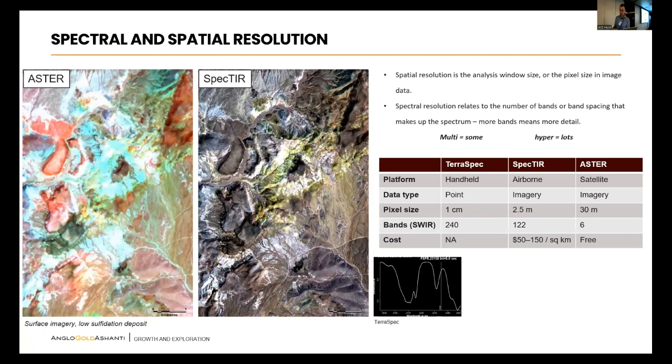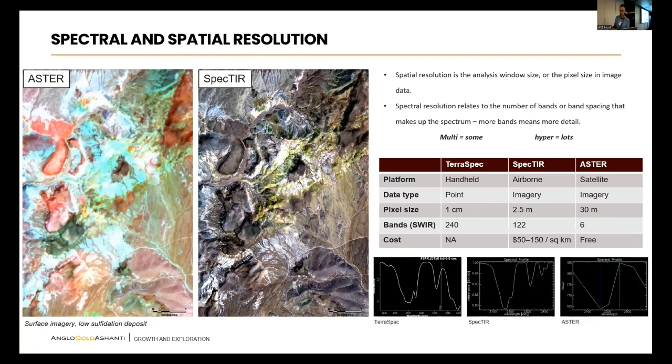So if we look at spectra from those three sensors, from this actual project, from the same location, you can see what they look like. The spectral resolution of Terraspec and the SpecTIR is very similar, but both are far superior to the 6 bands of ASTER.